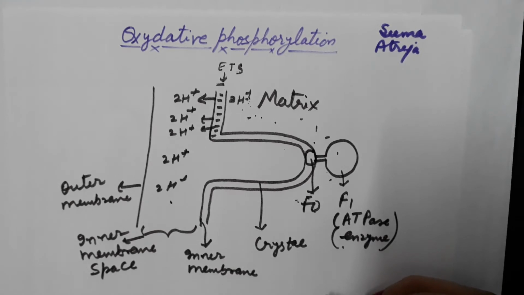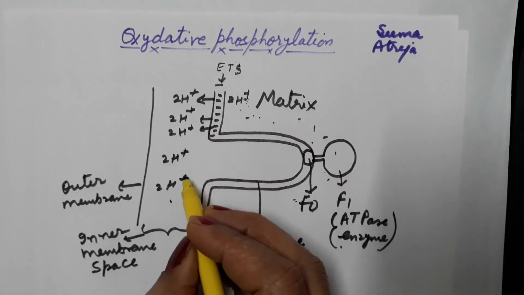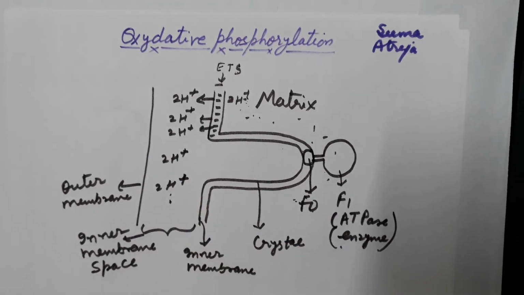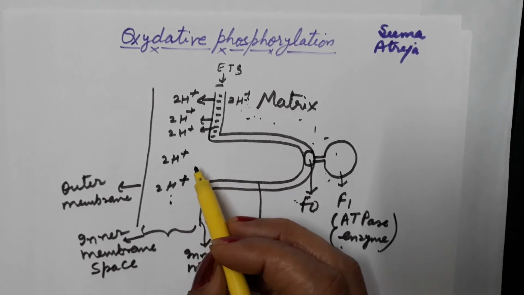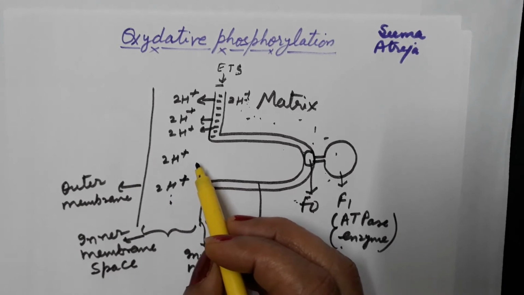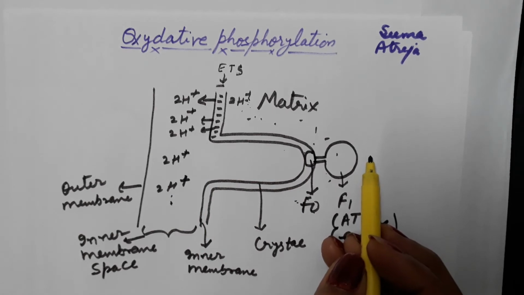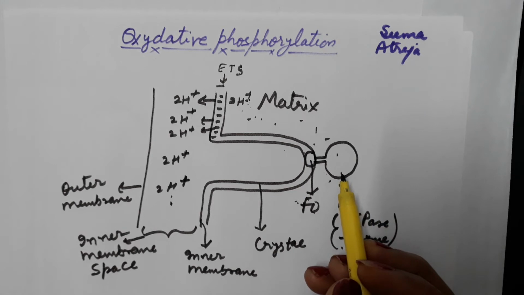Here the ATPase enzyme helps in the formation of ATP. Due to the higher concentration of protons in the inner membrane space, they move towards the lower concentration of hydrogen ions or protons present in the matrix.